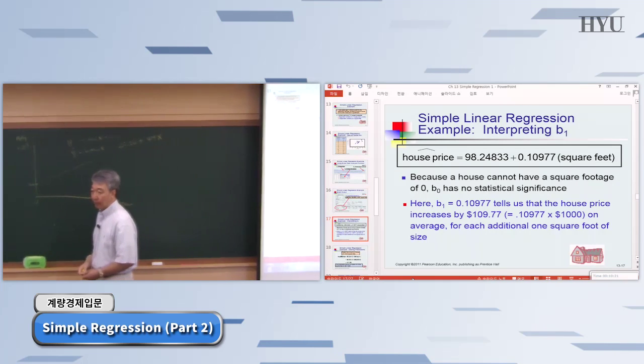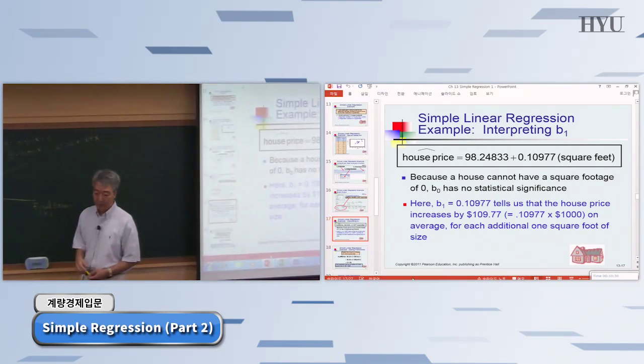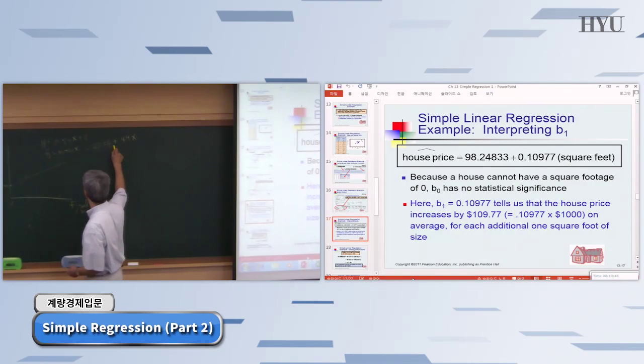But in many cases, 0 is out of the range of our data points. For example, here the x variable is the size of a house in square feet, and can you think of a house with 0 square feet? There's no such thing, so this number is meaningless.